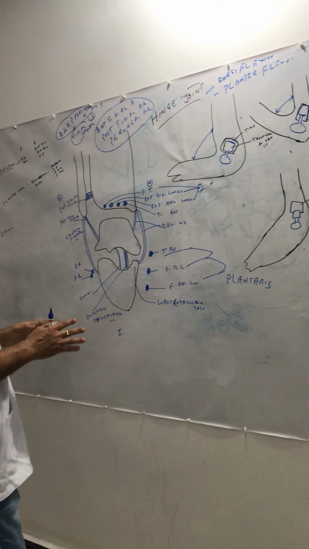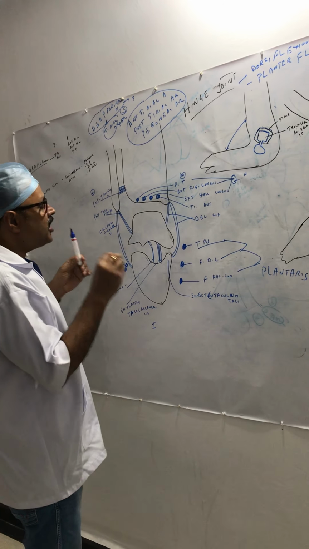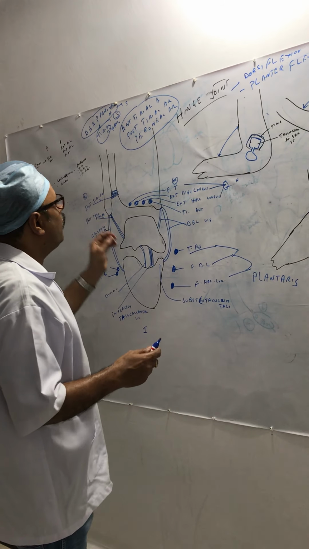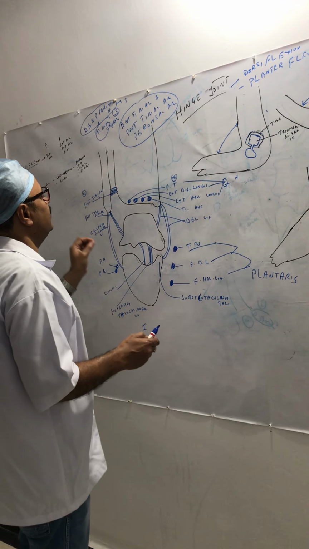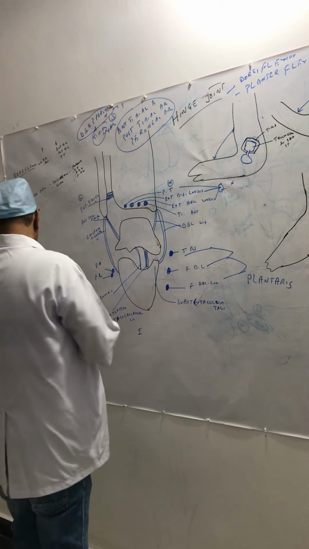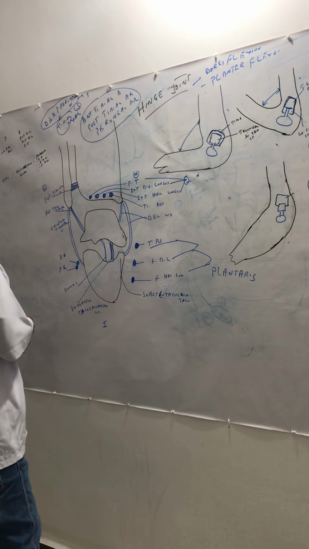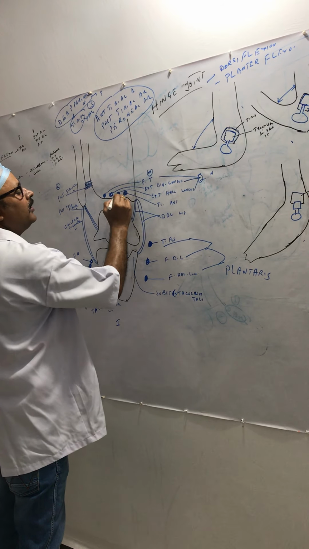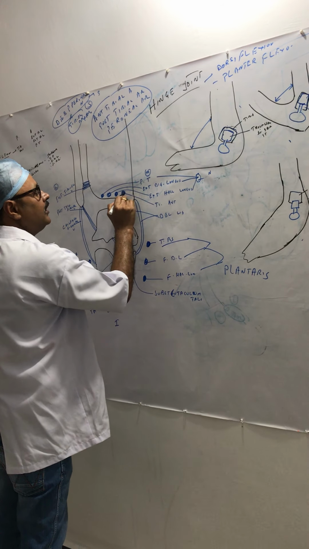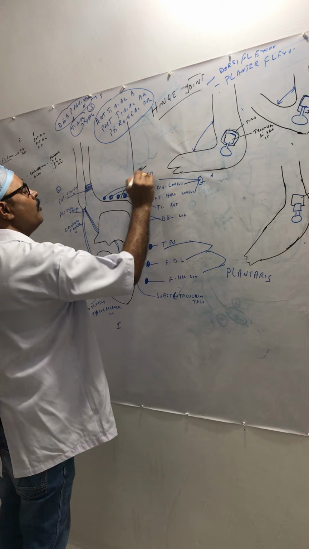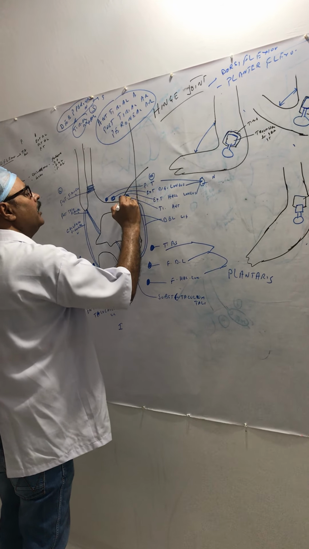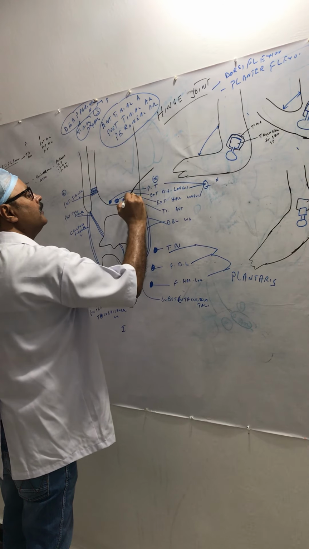Now finally, intra-articular injections of the joints are common. For giving an intra-articular injection in the case of the ankle joint, this point is very common: between the extensor hallucis longus and the tibialis anterior. You go there, and there is no chance of injury to the nerve and the vessels.